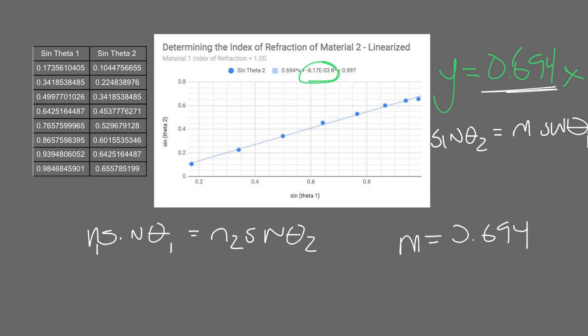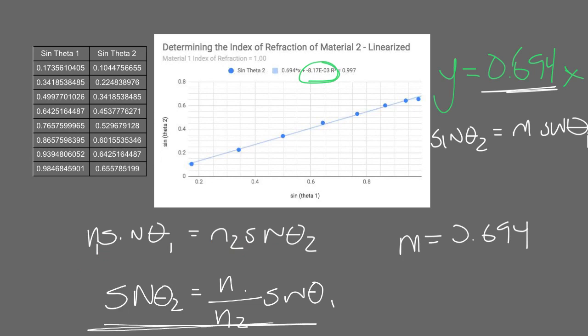And if I take this equation here and line that up, basically I would rewrite this as sine theta 2 equals n1 over n2 sine theta 1.